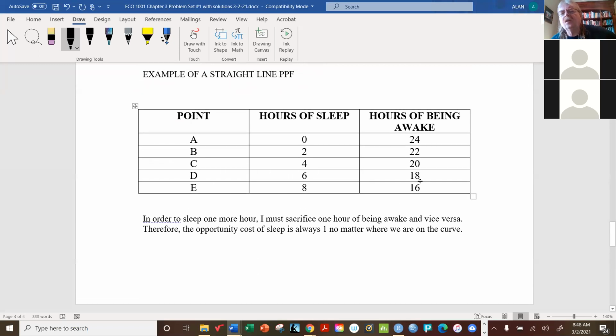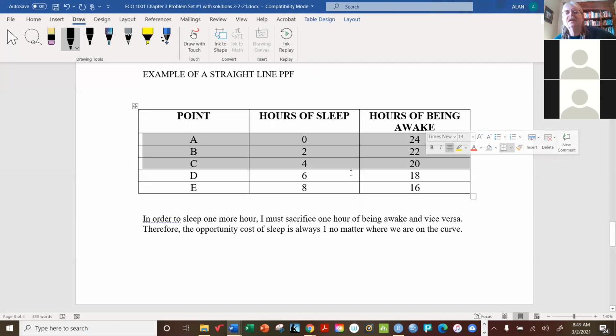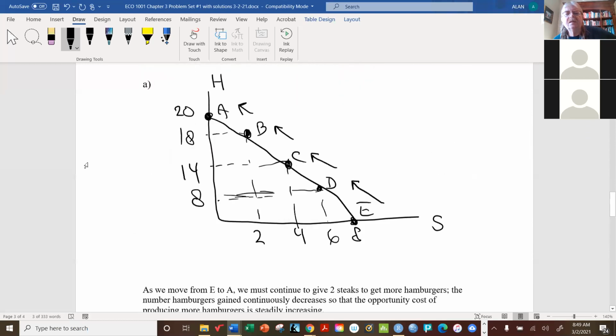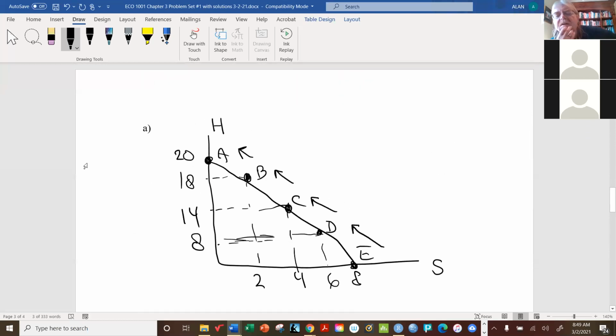And you notice I didn't fill in every single possibility, but I put in the sensible ones. These are the possibilities, except maybe these two are ones you don't want. Even this one's kind of dubious, but still they're possibilities. But this is more normal in the real world, because the reason this is happening is that while hamburgers and steak are similar products, they're not identical to each other.